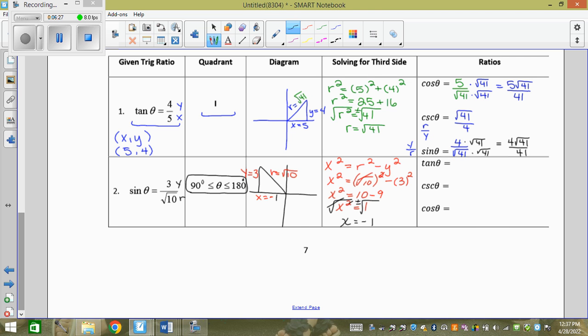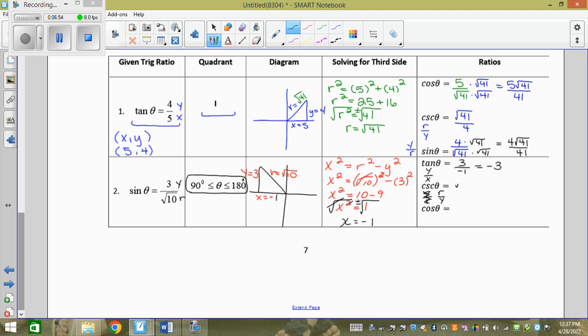Then we need all the trig ratios. So tan, is tan y over x or x over y? See, I just found fast where I was. And so it's going to be 3 over negative 1, which is just negative 3. Cosecant goes with sine, sine is y over r, so this is actually going to be r over y.